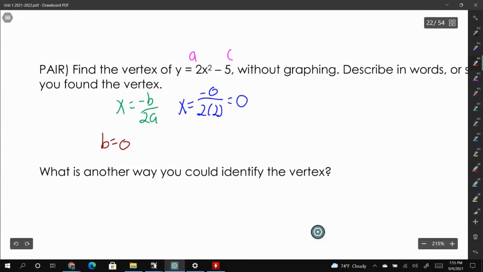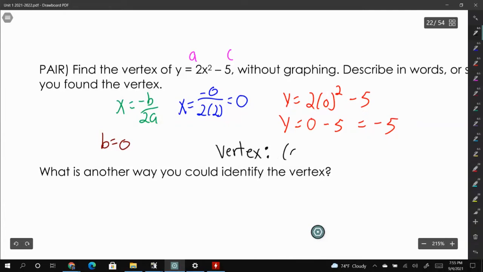And when we plug that back into the original equation, y equals 2 times 0 squared minus 5, well, y equals 0 minus 5, which is negative 5. So then our vertex would be 0 comma negative 5.